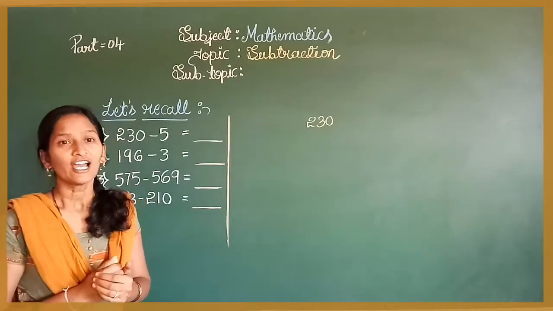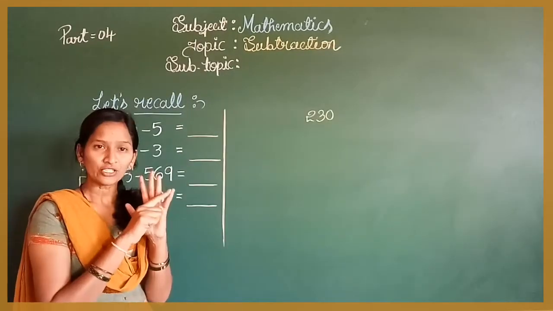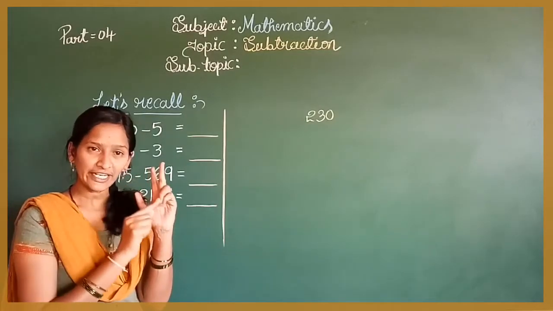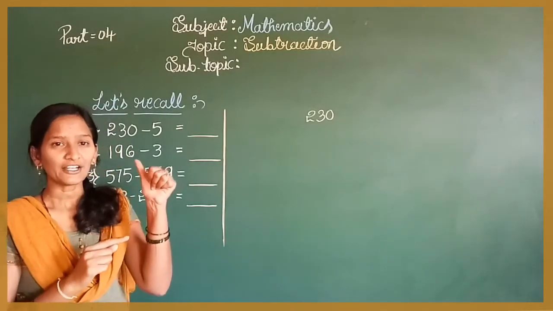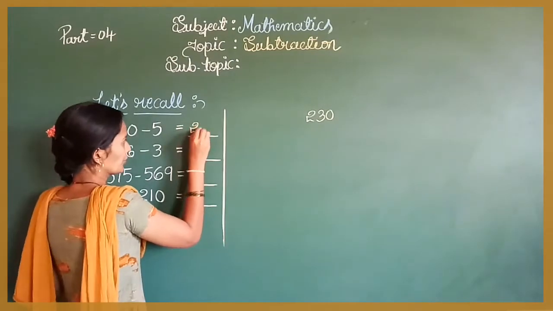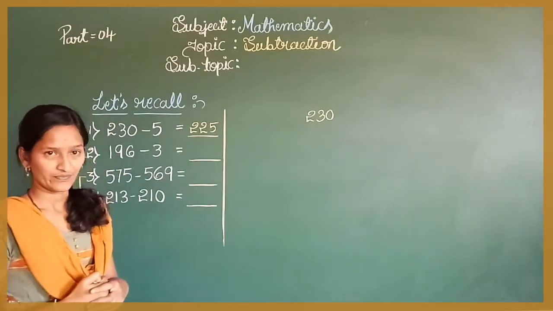Then you reach the difference between these two numbers. 230, its before number is 229, 228, 227, 226 and 225. So write here, 225 is the correct answer.